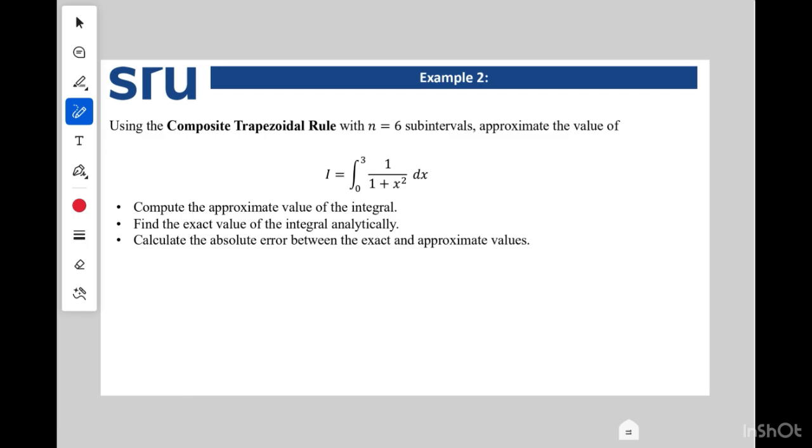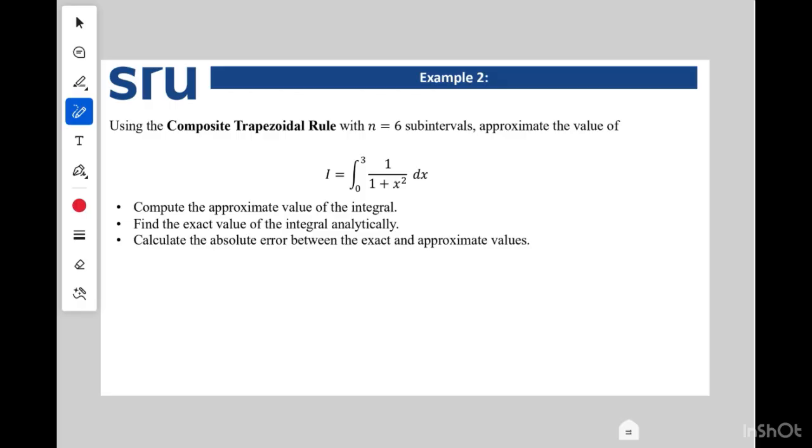Now let us consider one more example. The second example is using the composite trapezoidal rule with n equal to 6, so the number of subintervals is 6. Approximate the value of the integral I equal to the integral from 0 to 3 of f(x) equal to 1 divided by 1 plus x square dx.